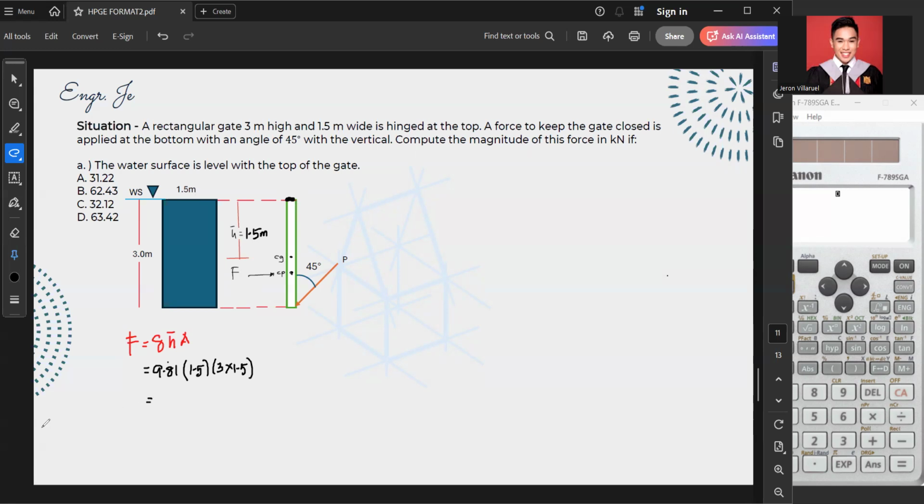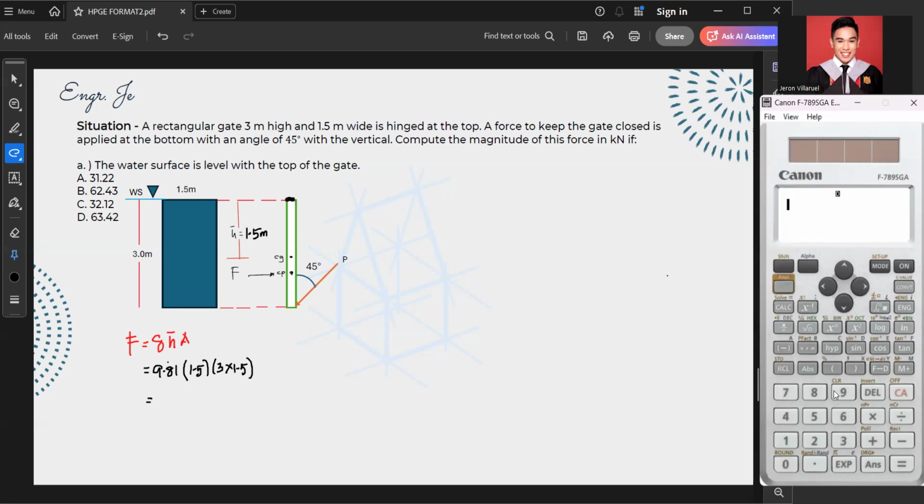Let's just use our calculator here. 9.81 times 1.5 times 3 times 1.5, and that is equal to 66.218 kilonewton.